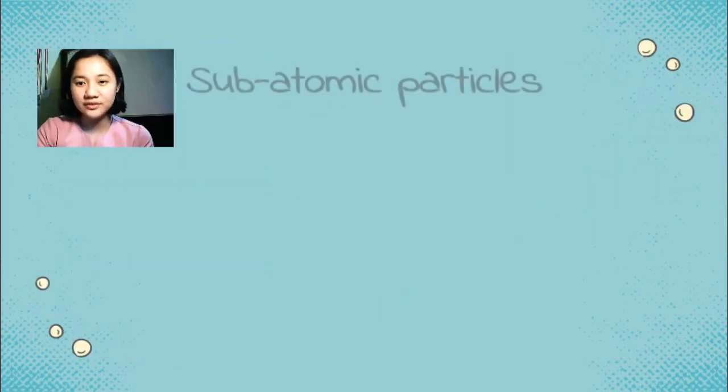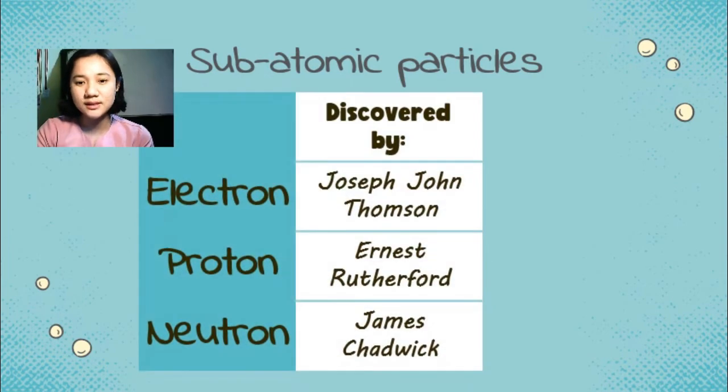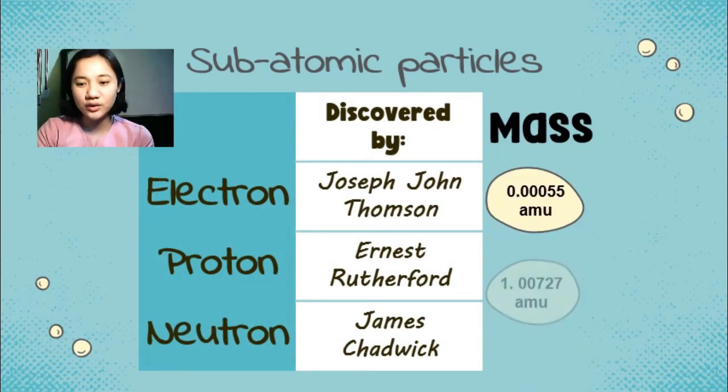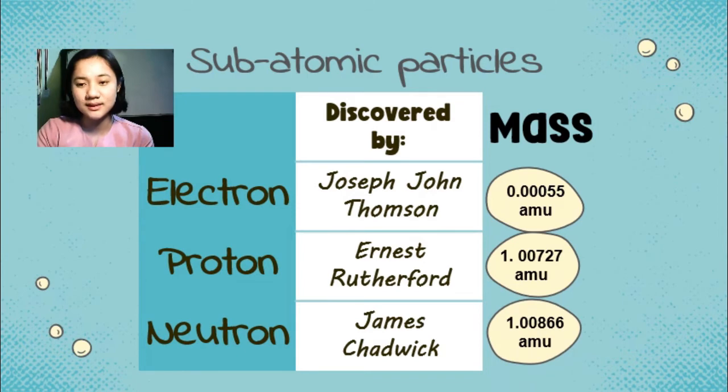These are the different subatomic particles and their corresponding mass in atomic mass units, AMU. Electron, discovered by J.J. Thomson. Its mass is 0.00055 AMU. A proton, discovered by Ernest Rutherford. Mass 1.00727.